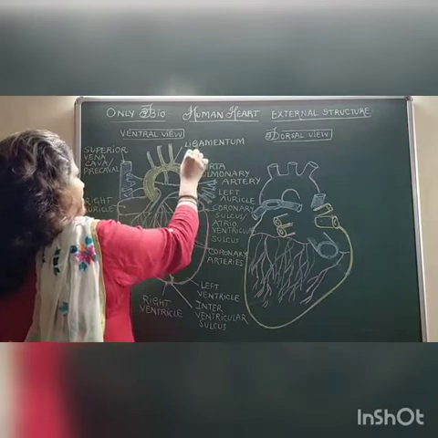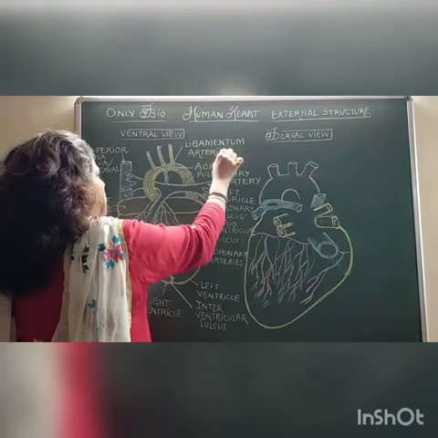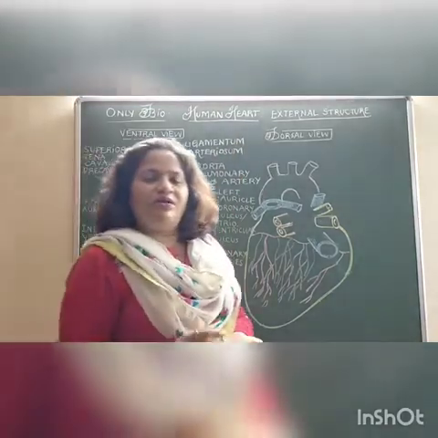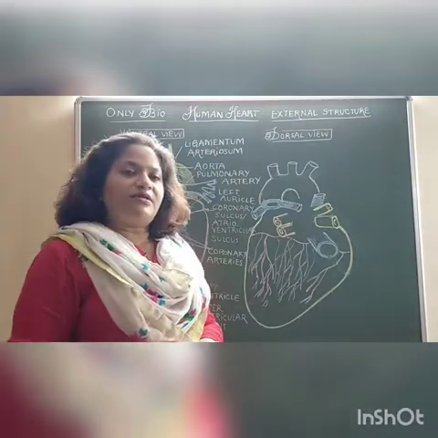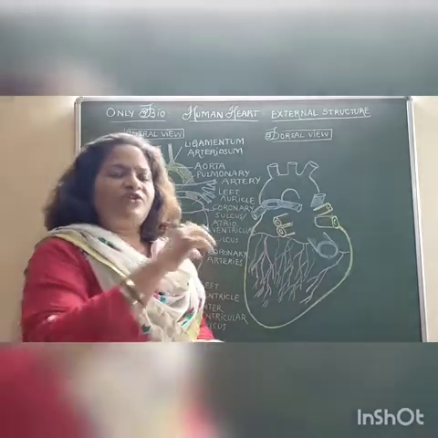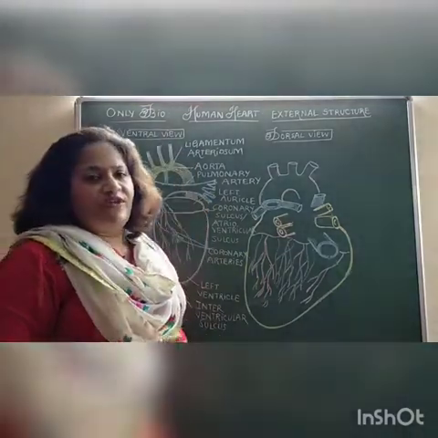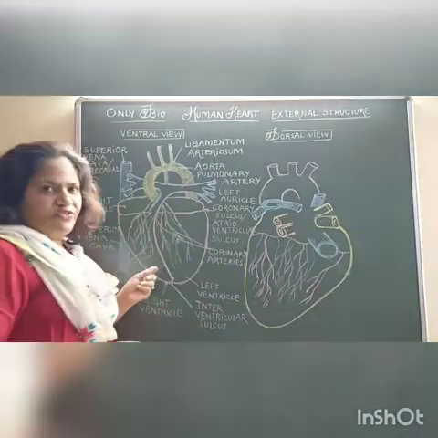I repeat, it is ligamentum arteriosum, which represents the remnant of the ductus arteriosus. Remnant is the leftover part, and the ductus arteriosus is the structure which connects the pulmonary arch with the aortic arch in the fetal heart. So this is what we have to know about the ventral view.